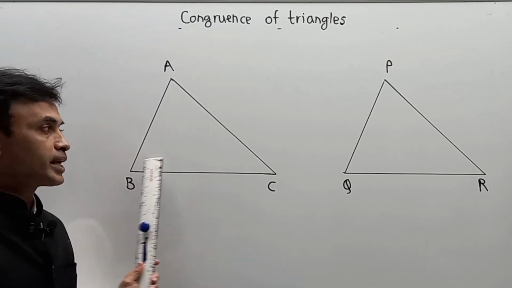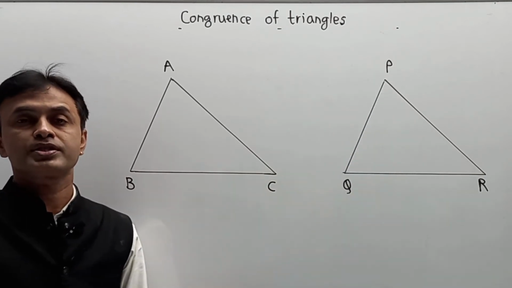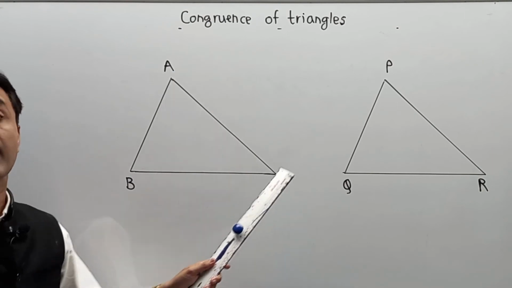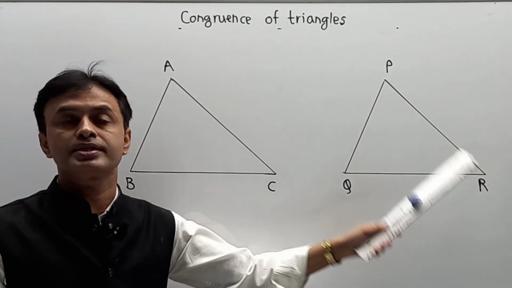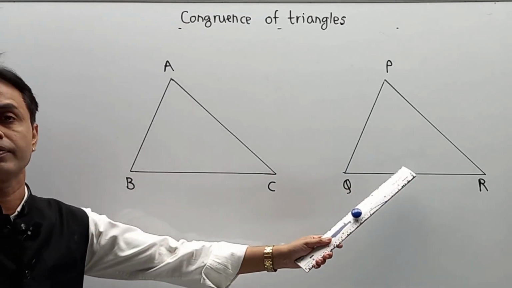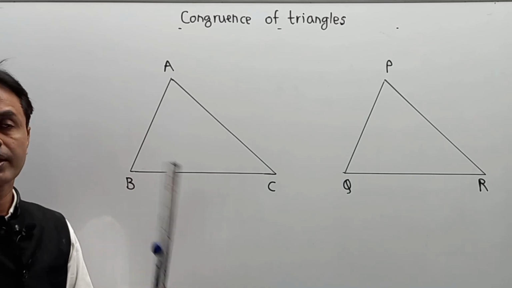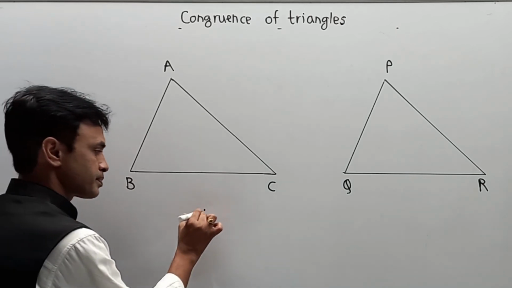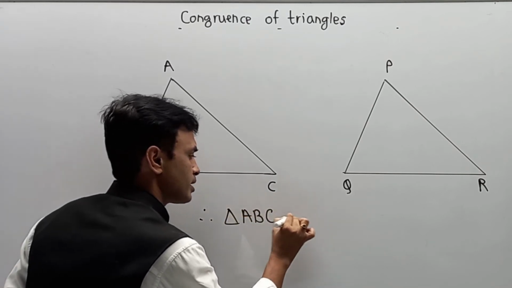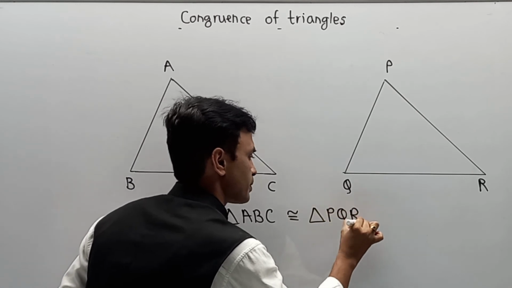When all three angles of the first triangle are exactly congruent with all three angles of the second triangle, and all three sides of the first triangle are exactly congruent with all three sides of the second triangle, then it is said that the first triangle is congruent with the second triangle, or the second triangle is congruent with the first triangle. It is generally indicated by triangle ABC is congruent to triangle PQR.